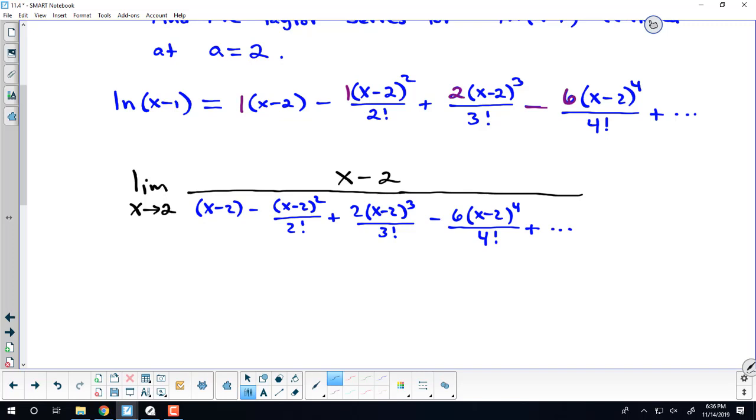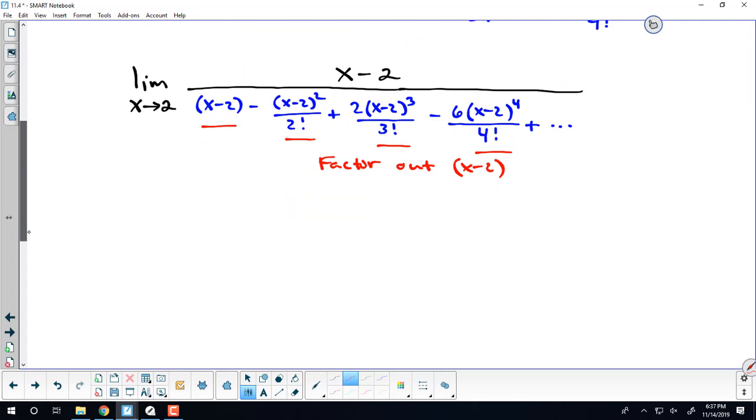If we factor out an x minus 2 from each one of these terms, then that factor on the top and bottom would cancel out. Does everybody see that? We're going to factor that out. Limit as x approaches 2.